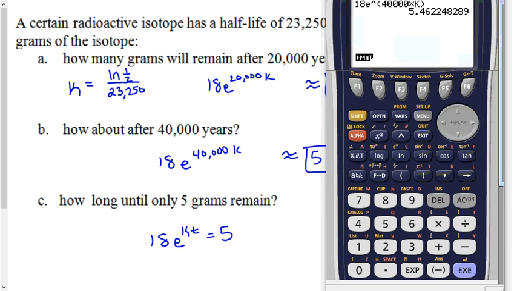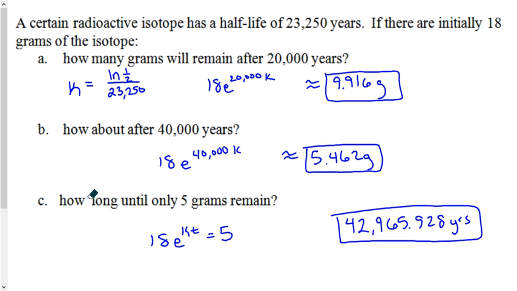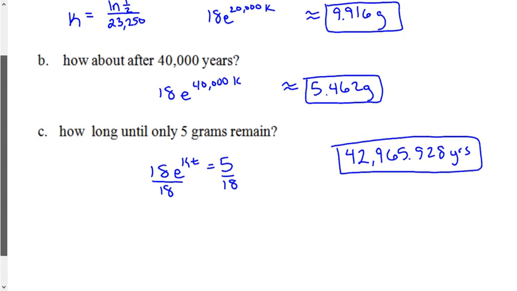Okay. The last one here, we can say we're going to take 18 e to the kt power equals 5. And you can see I ended up getting 42,965 years. Let's just kind of show you how you could do that. Again, we showed you the graphing way already that was maybe a little bit faster. But we can divide both sides by an 18. That would be our first step.